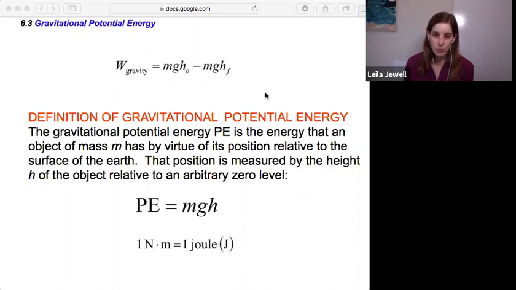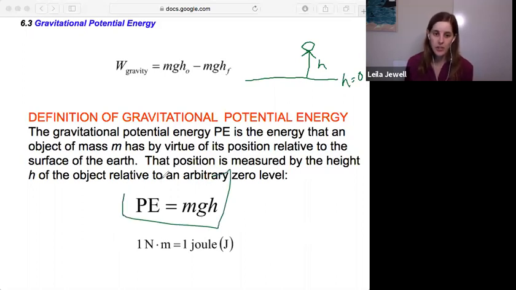That position is measured by the height h of the object relative to an arbitrary 0 level, right? So you have some level that you set is equal to a height of 0, and so then you measure the height to some point of interest, like the ball, and that can tell you that the potential energy of said ball is the mass of the ball times g times the height. mgh is our potential energy.